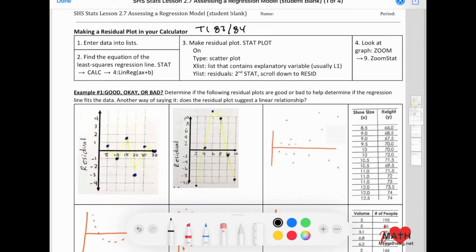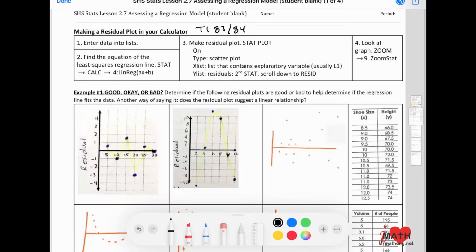So making a residual plot in your calculator, we're going to enter the data into list 1 and list 2. Number 2, we're going to take the equation of the least squares regression line by pressing stat, calc, and then we've been using number 4 and number 8, which are pretty much the same, which is linear regression. Then something that's new is we're going to make the residual plot. So we're going to press stat plot.